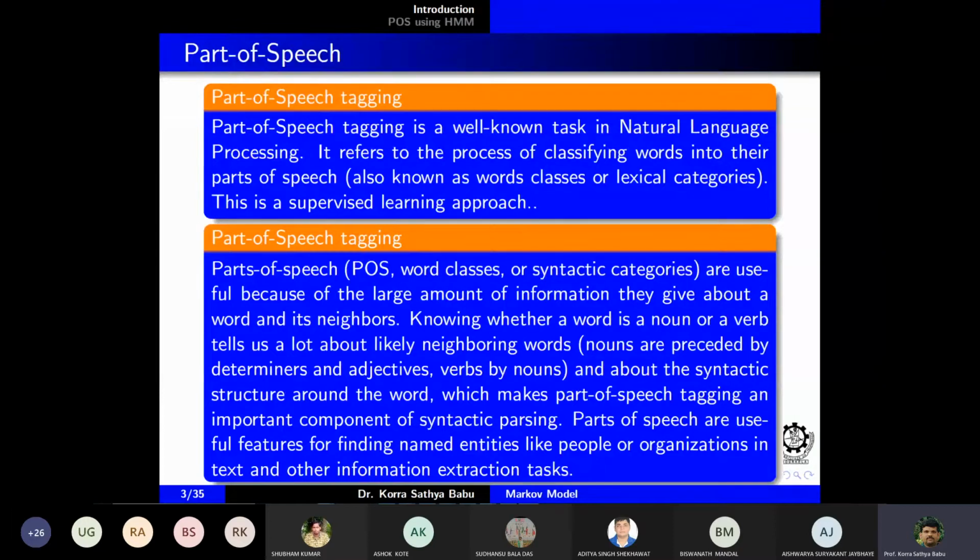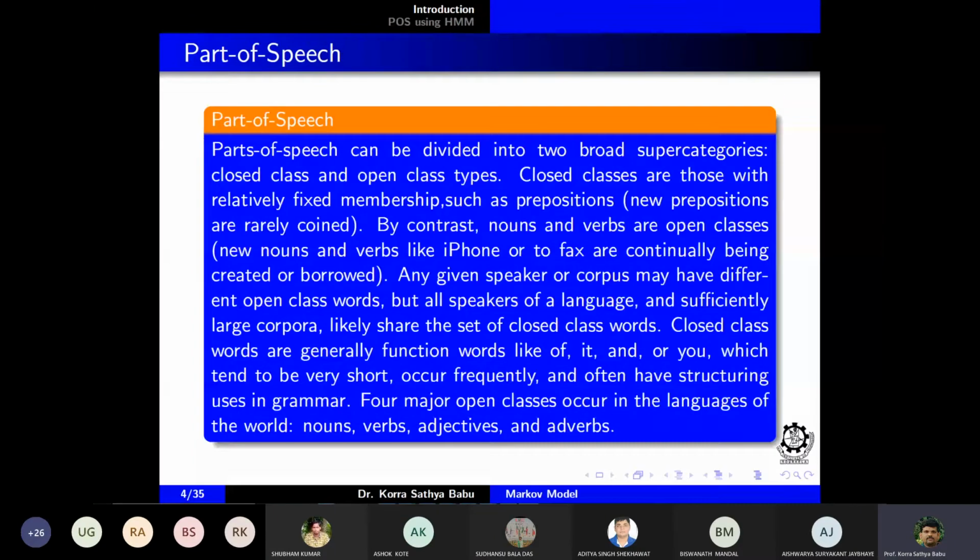These are continually created or borrowed from other languages or from other words. That's why they are called open categories. Any given speaker or corpus may have different open class words, but all speakers of the language and sufficiently large corpora likely share the set of closed class words.